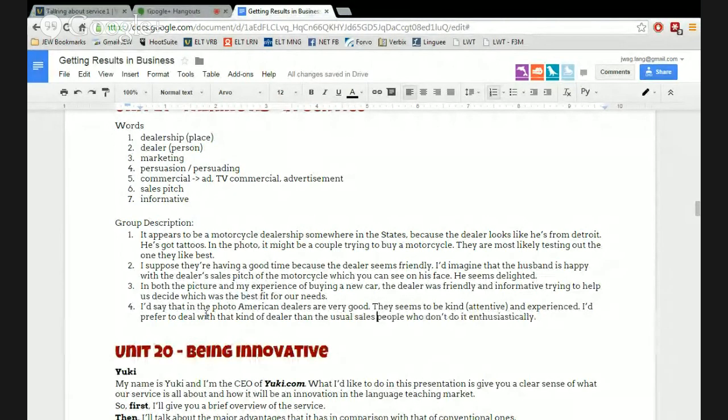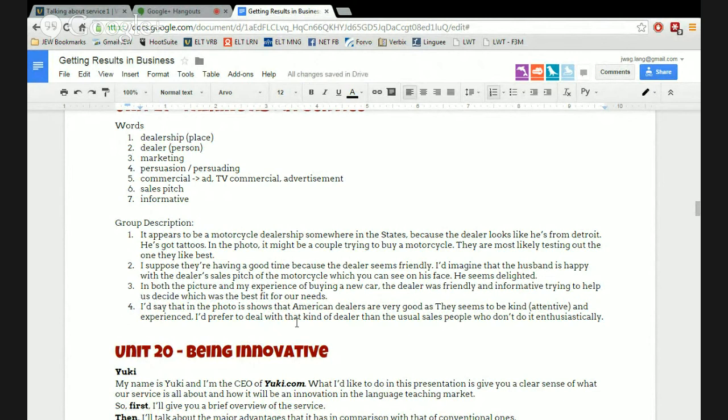Okay, very good. So in number 4, part 4, it says, I'd say that in the photo it shows that American dealers are very good. And look, I'm going to add a little connector.